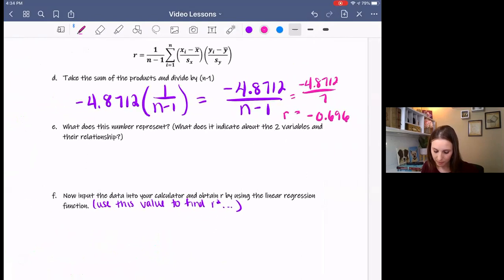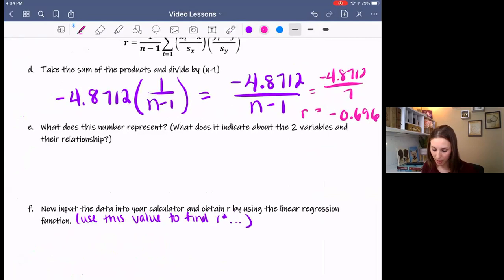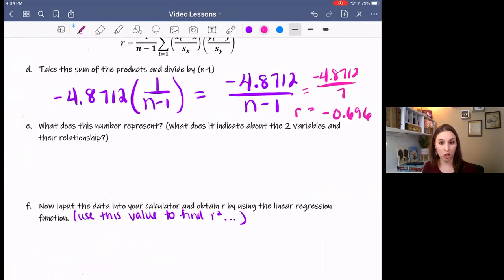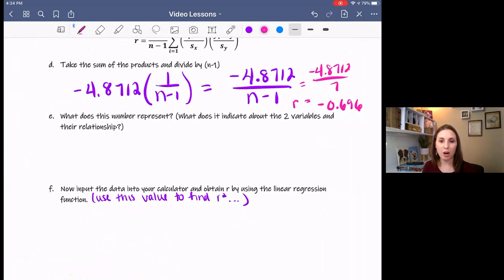Okay. What does this number represent? What does it indicate about the two variables and their relationship? Remember that the r value tells us how closely related the two variables are. The closer to -1 it is, the stronger negative relationship they have, and the closer to +1 it is, the stronger positive relationship they have.